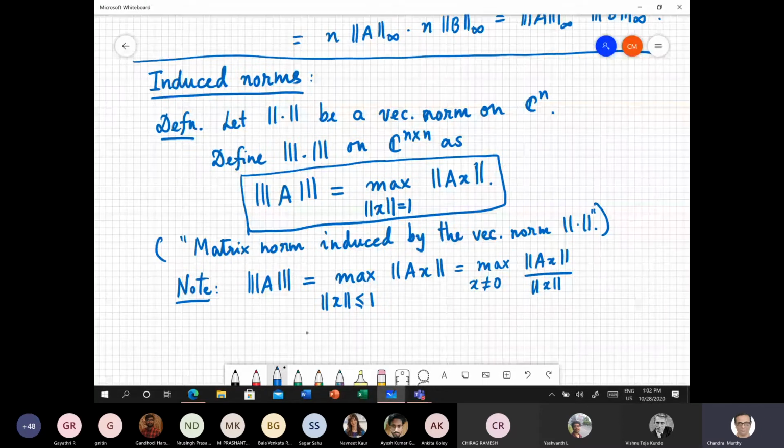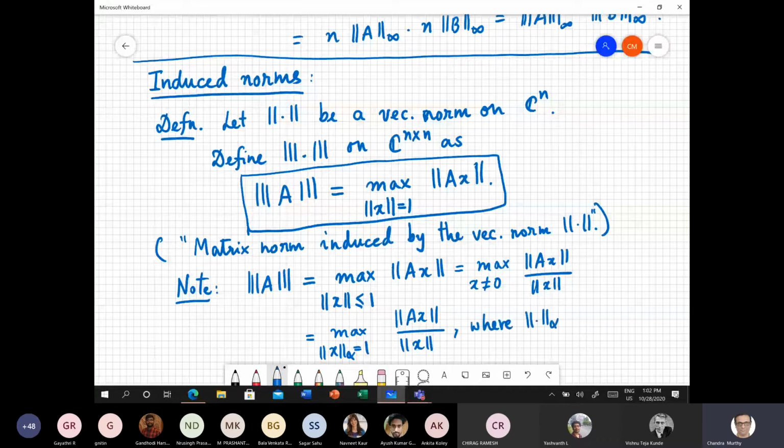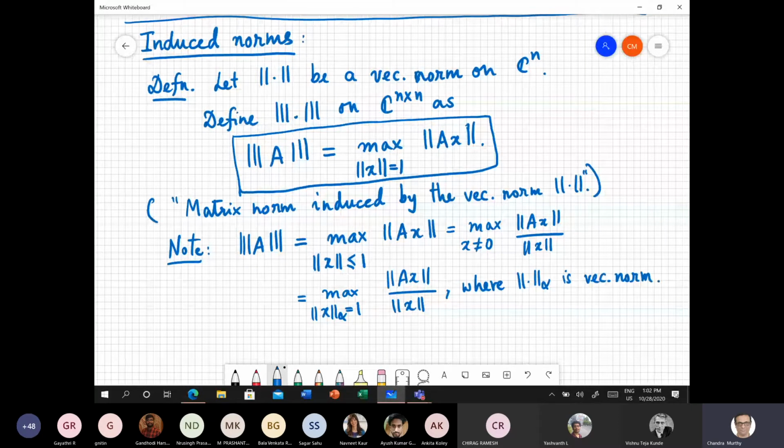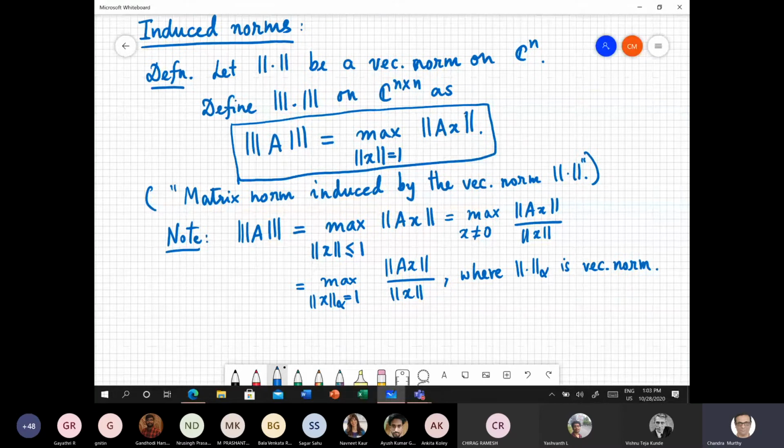And finally, instead of maximizing over all x not equal to 0, I can also maximize over all x such that the norm of x, according to some notion of norm, I'll call it the alpha norm, equals 1, of norm of Ax over norm of x. So there are different ways of writing it, for any vector norm, but they all give you the same answer, which is what we are calling the norm of A.